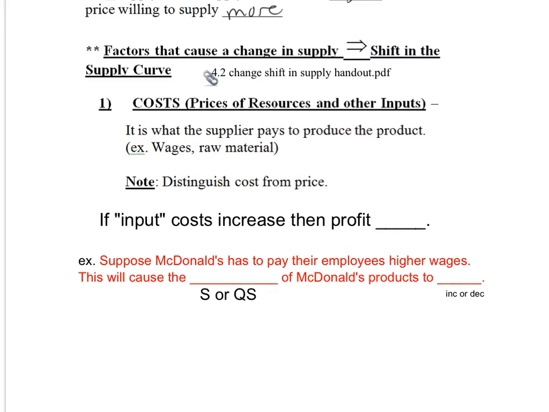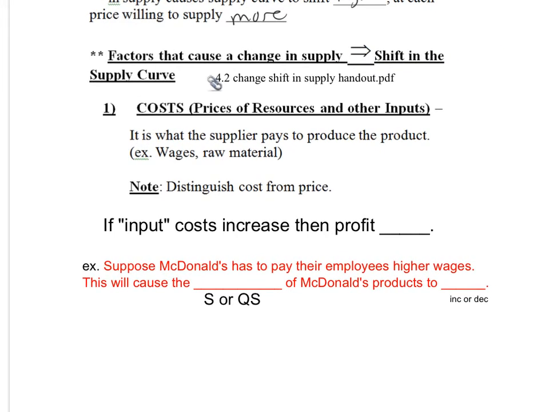Of course, on the demand side we had a change in income. Well, on the supply side, don't think income. The income to the supplier is really profit, and what affects profit are costs. So the cost of input. When input cost increases, if cost goes up, businesses are sad, they make less profit, and they would supply less.